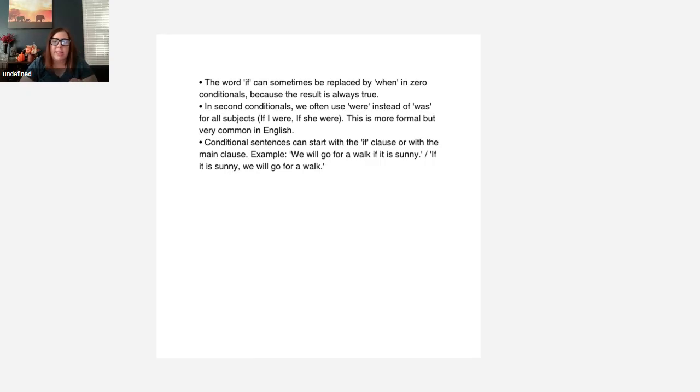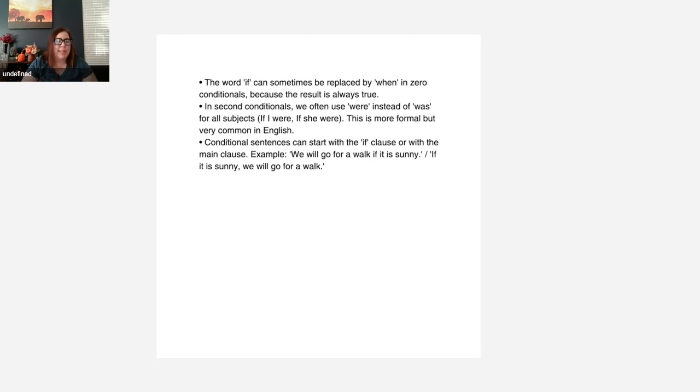Lastly, in conditional sentences, we can start with the if clause or with the main clause. Basically, what I'm saying is you don't always have to say if at the beginning of your sentence. We can actually start off with the result. We will go for a walk if it is sunny. So, if it is sunny, we will go for a walk.